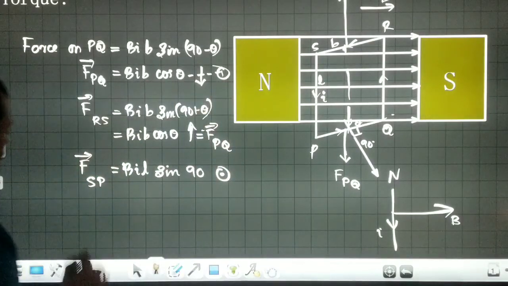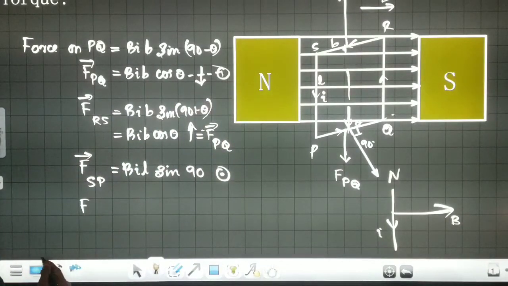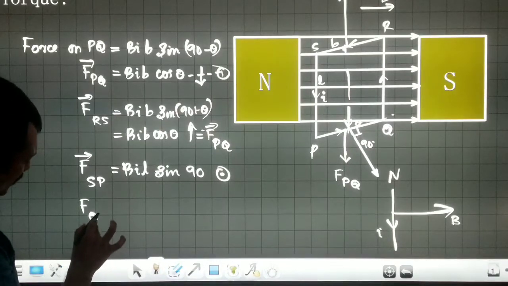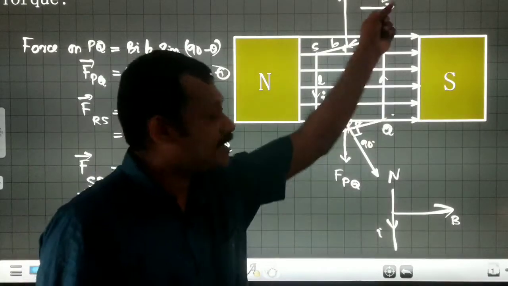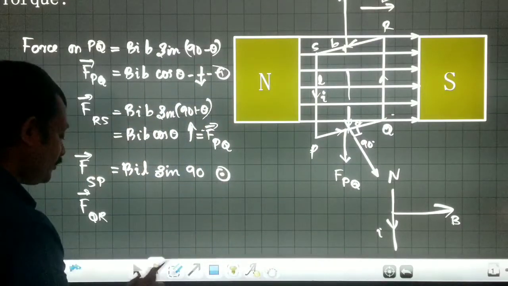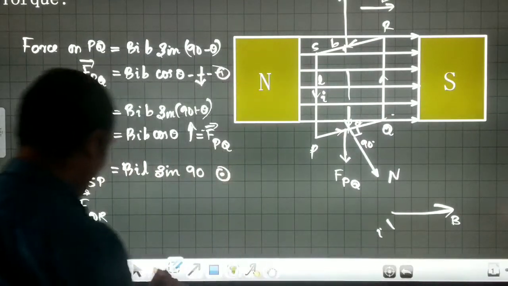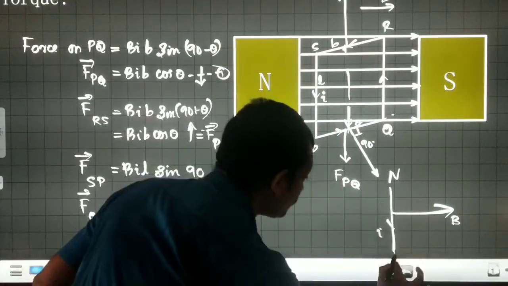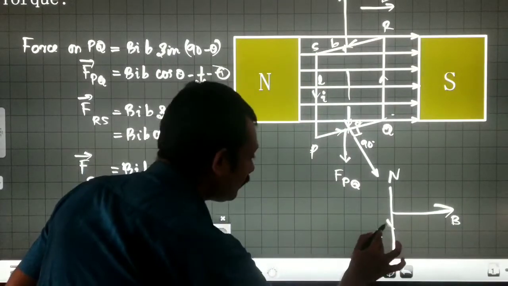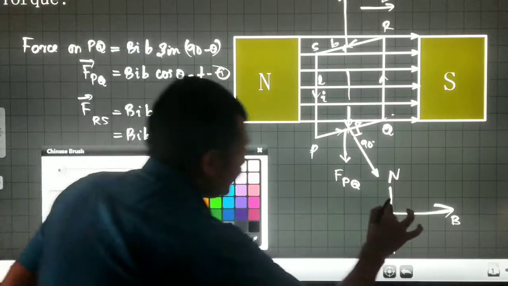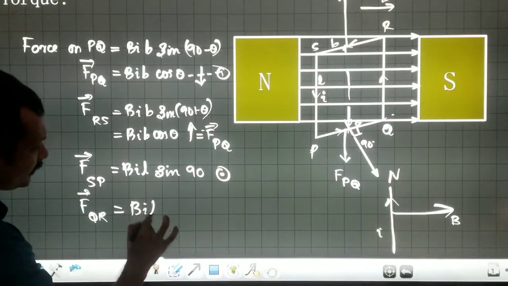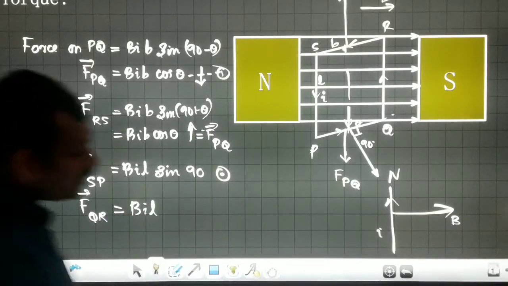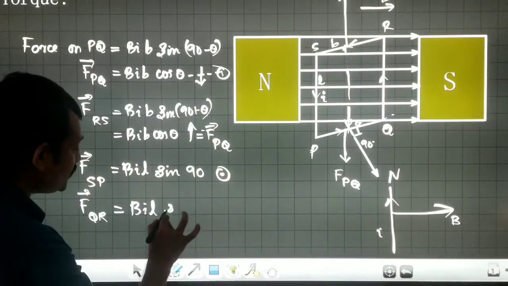Then what is the force on QR? Now it is a very simple job, because the difference between this and the previous one is that the direction of current is reversed. Again we can see that the angle between the magnetic field vector and the current element vector is 90 degrees. So this is BIL sine 90.